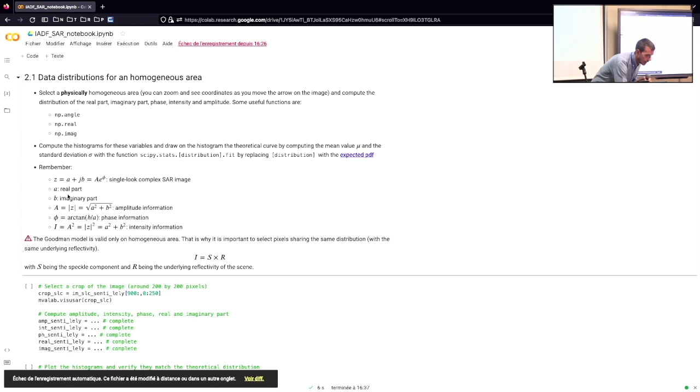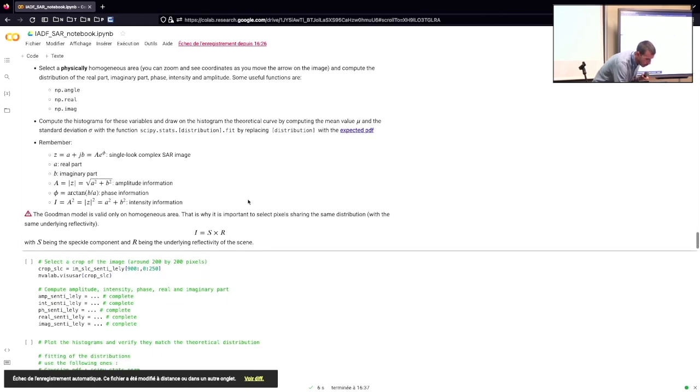So we're going to analyze the distribution of all these components, where the amplitude is the magnitude of z, which is also the square root of the sum of the squared real part and the squared imaginary part. And the phase is the arctan of the imaginary part divided by the real part. And finally, you have the intensity. Why do we look at the intensity? Because it is proportional to the power of the signal. The intensity is the square of the amplitude.